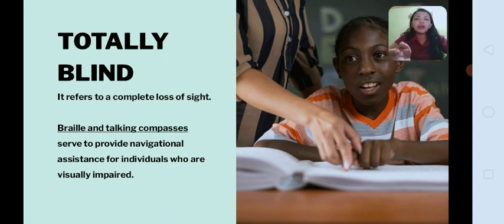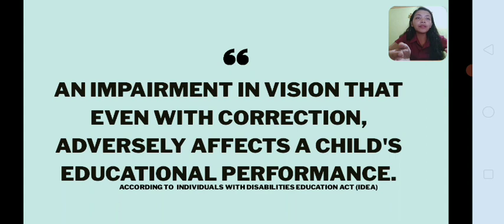They really need assistance from the teacher and from the parents as well. That's for the types of visually impaired individuals.